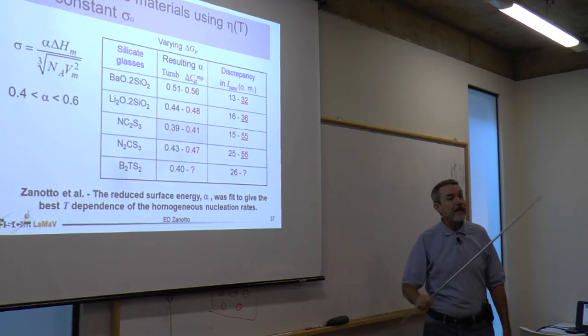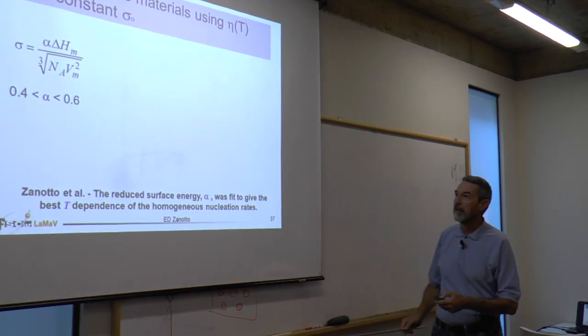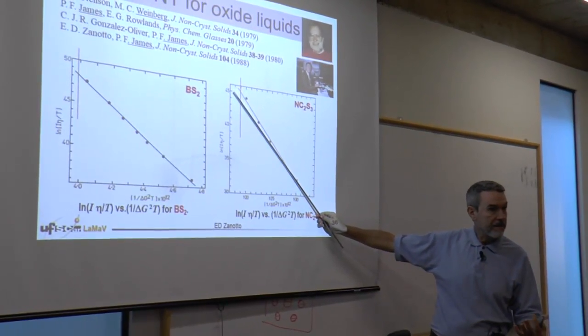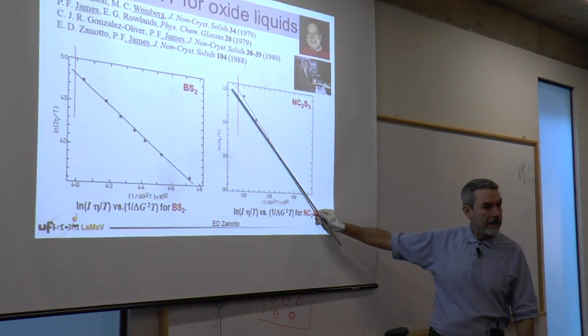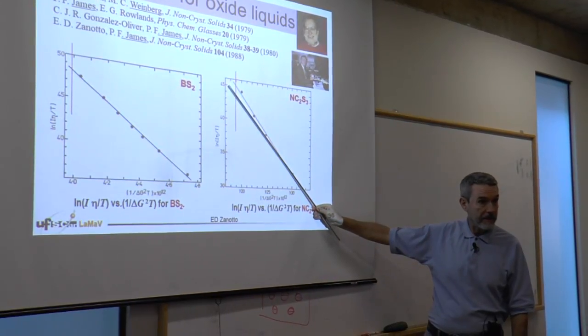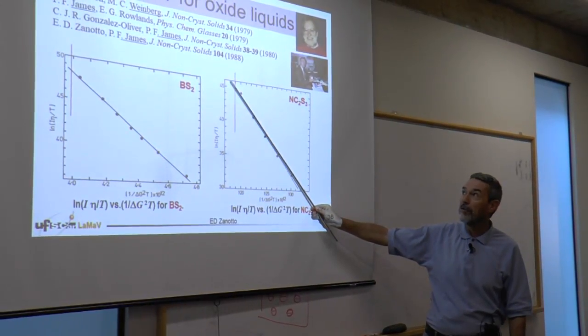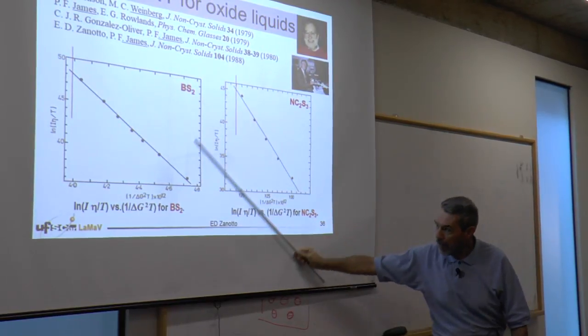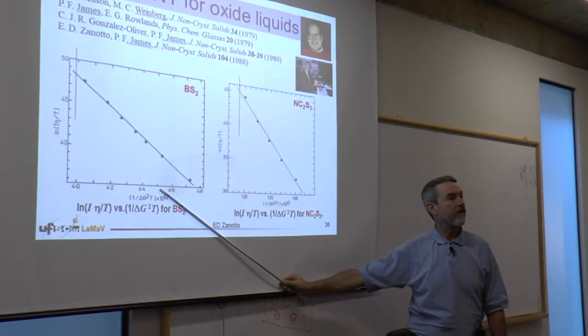So we do get straight lines. Let me go back here. The temperature dependence is well predicted by theory because we get straight lines, but not the magnitudes. The actual experimental magnitudes are much higher than the theoretical magnitudes.